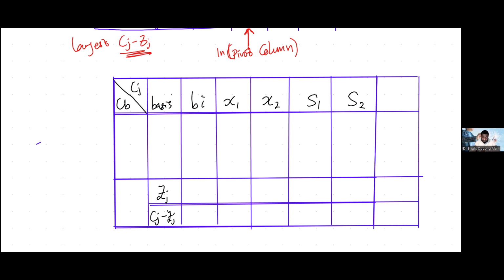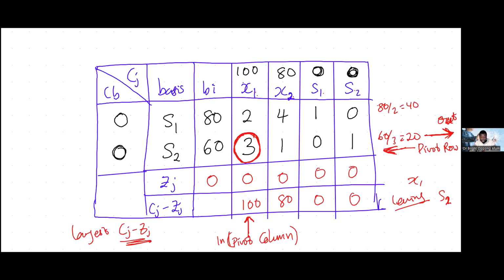And let's say, so how do we do the iterations? These iterations are easy, but they are complicated. So you just have to follow and see how it goes. So we have our pivot number, which is the 3.